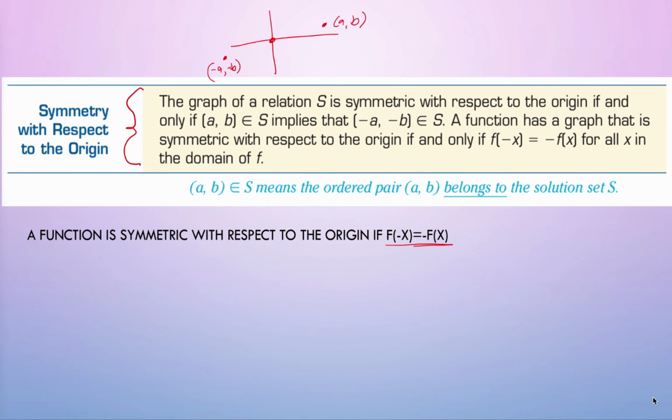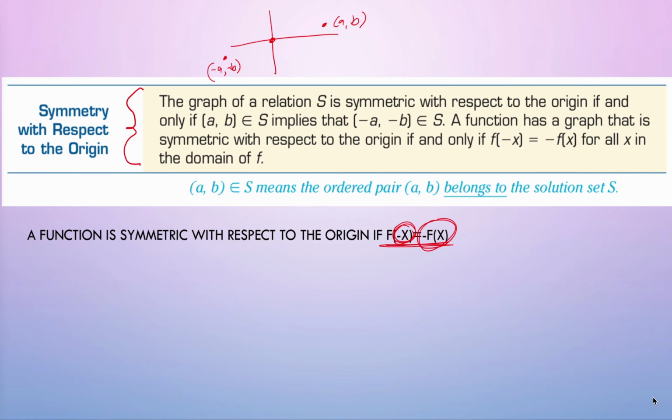The other rule that we can use is a function is symmetric with respect to the origin if f of negative x equals negative f of x. Meaning, if we make the x negative, do we also get a negative y value?